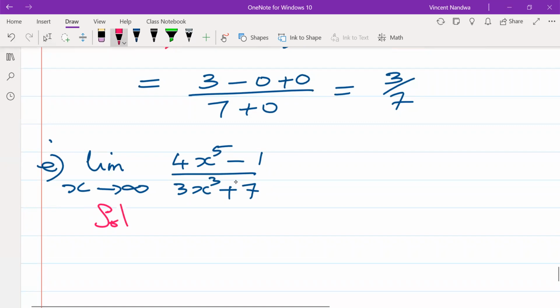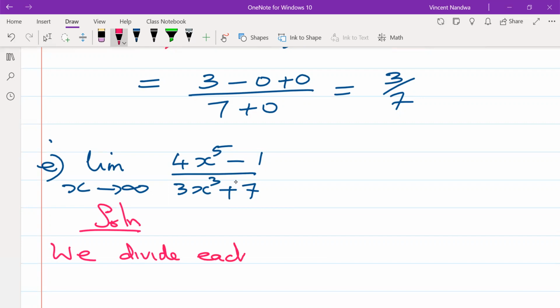Okay, so let's see. How did you start? X power 3. So you have mastered the game, correct. Remember, what matters is the x in the denominator, not the numerator. That's the first thing. So divide each term by x power 3.